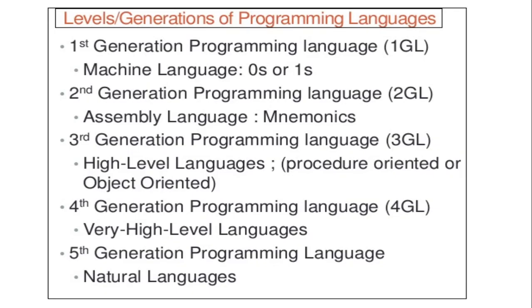Now coming to the different levels or generations of programming languages, we'll be going through all the generations of programming languages which have evolved since the first machine language. During the start of our digital era, we used to program our digital machines using punched cards.